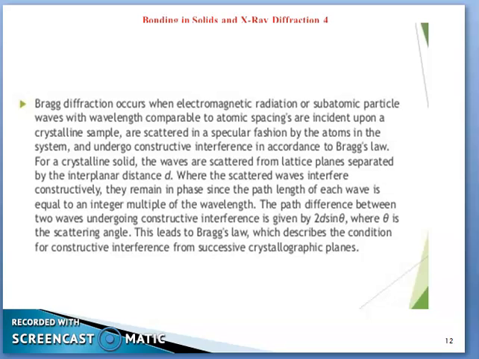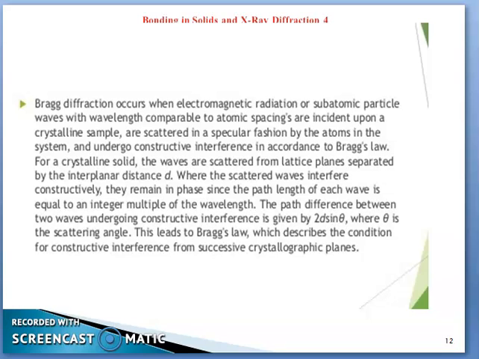For a crystalline solid, the waves are scattered from lattice planes separated by the interplanar distance d, where the scattered waves interfere constructively. They remain in phase since the path length of each wave is equal to an integer multiple of the wavelength.